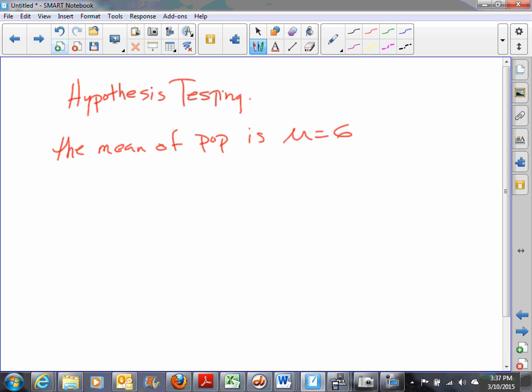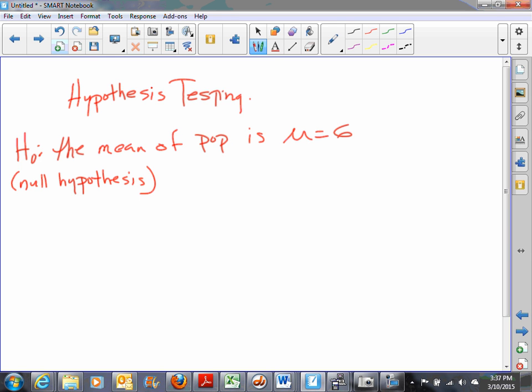We would call this H naught. You have some evidence to believe, you've taken a sample, you found the mean of that sample, you say, I believe the mean of the population is 6. So H naught, the null hypothesis, would be that the mean of the population is 6.